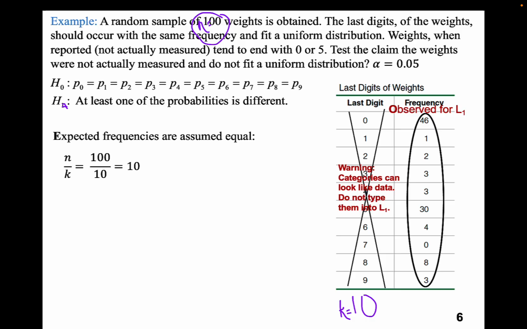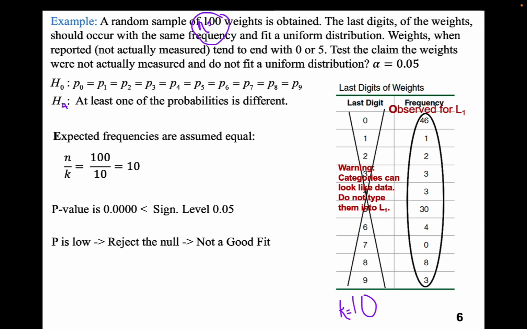We are going to compare that p-value to the significance level, alpha, 0.05, and we have a lower p-value than the significance level. If p is low, the null must go. We reject the null hypothesis. Or based on the summary from the last slide, you can jump straight to: if p is low, not a good fit.